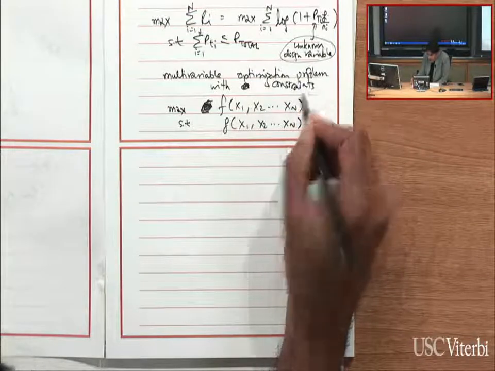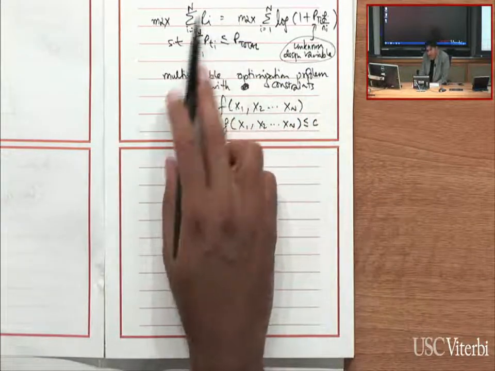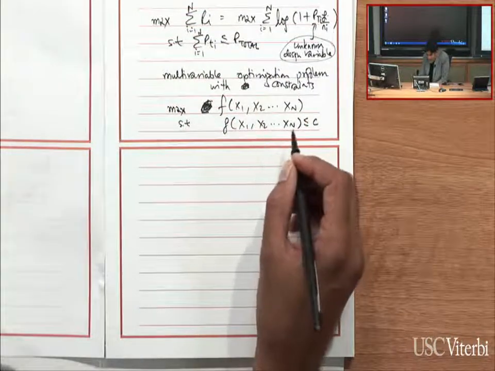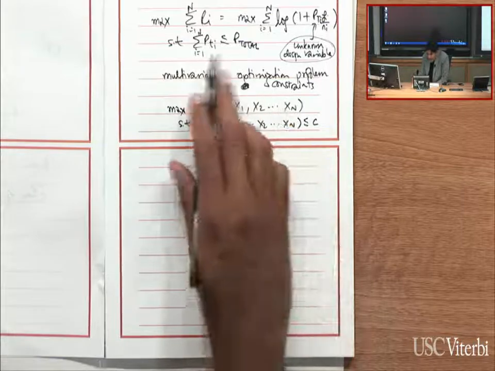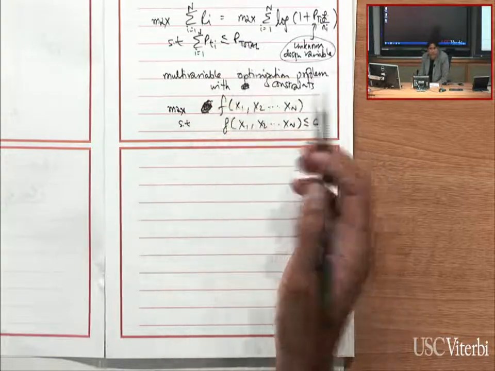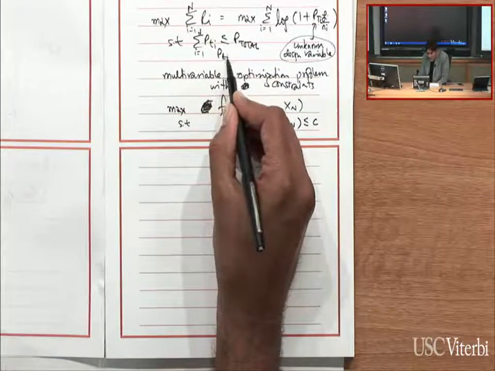In fact, there's another set of constraints here which is not explicitly written out, but that basically says that all of your power levels need to be positive. A solution in which you put a negative power level would not be acceptable. So in fact, there's also this constraint.